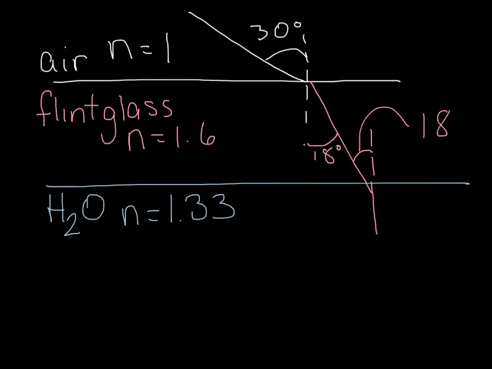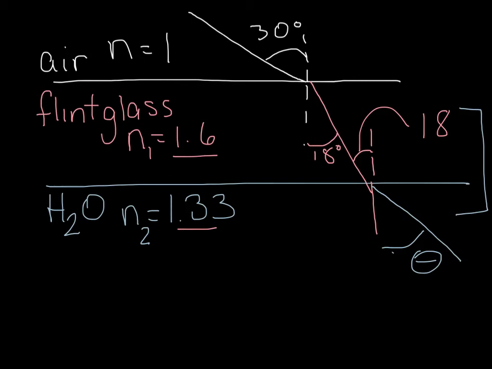And we know from our index of refraction that this number is bigger than this number, so this angle is going to spread out and should be bigger if we do our math right. So now we are going to look at this interface.